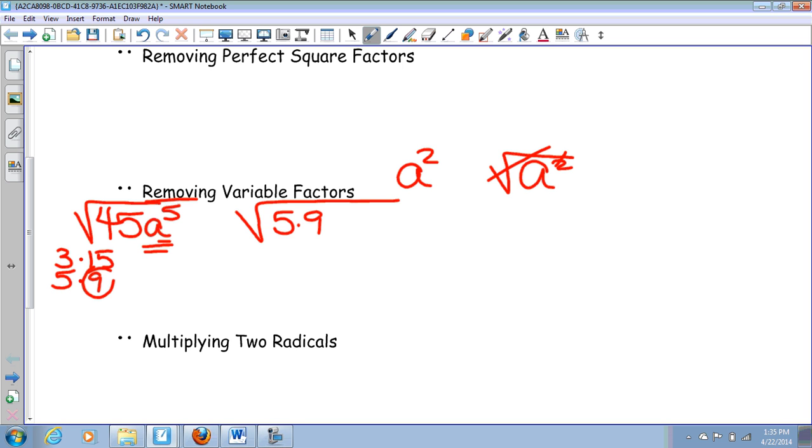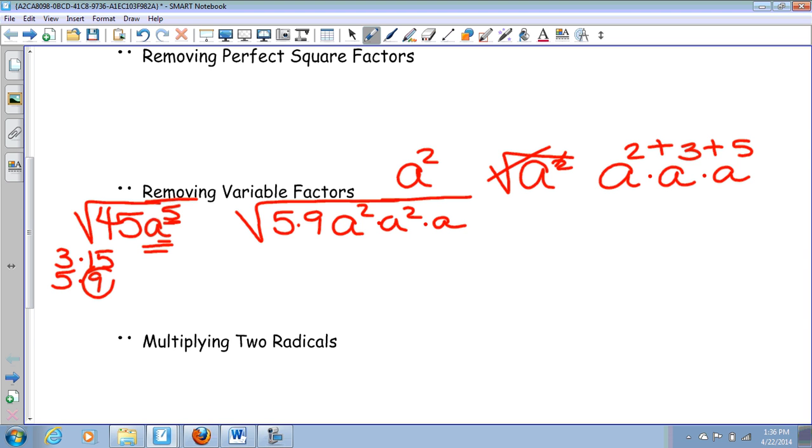And hopefully recall that when we have bases and we're multiplying them with variables like a squared times a to the 3rd times a to the 5th, we add these exponents. So when I'm going to break apart a to the 5th, I can break it apart as a squared, a squared, and a.